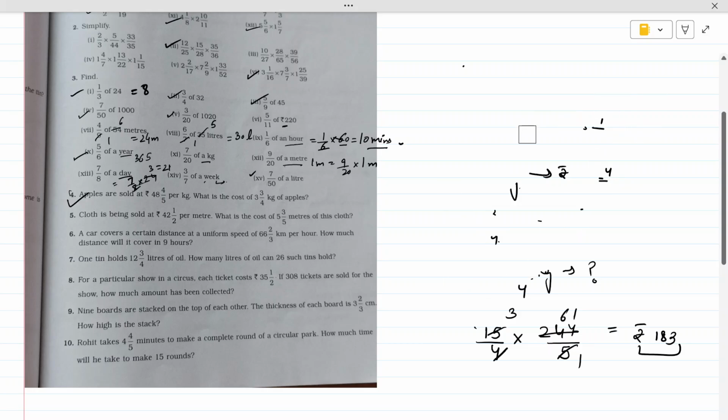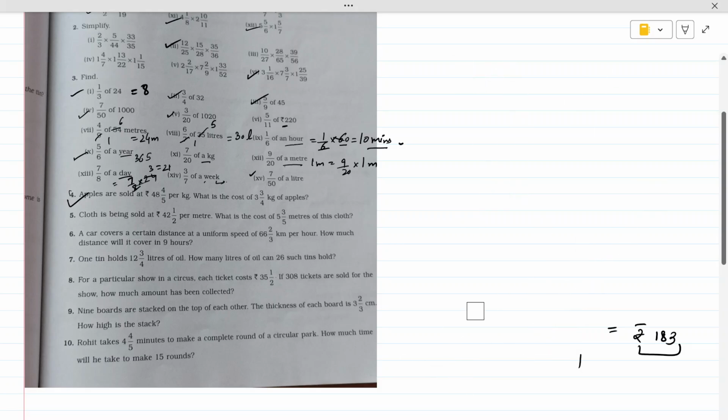Next question: cloth is being sold at rupees 42 1 by 2 per meter. That means the cost of 1 meter of cloth is given to us. What is the cost of 3 by 5 meters of cloth? Same thing: change to the normal fraction and multiply to get the cost.